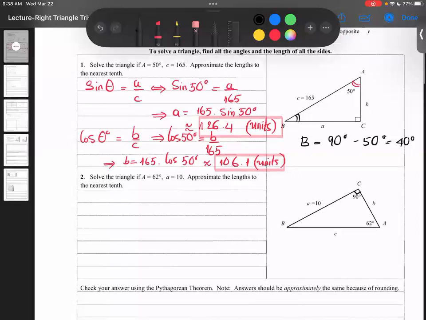Now number 2. What should I use? You want to use cosine or sine? Sine or cosine?